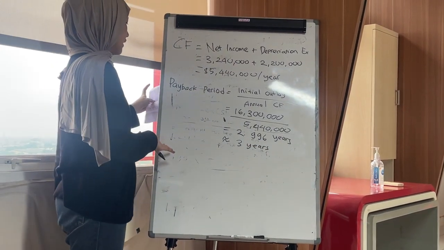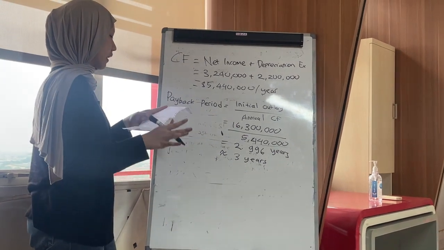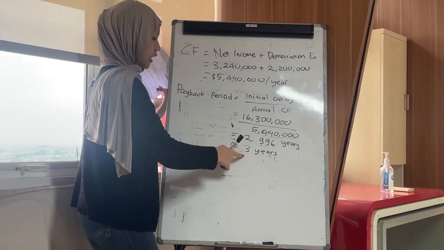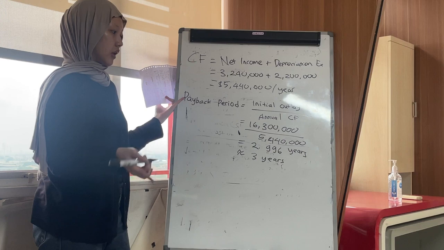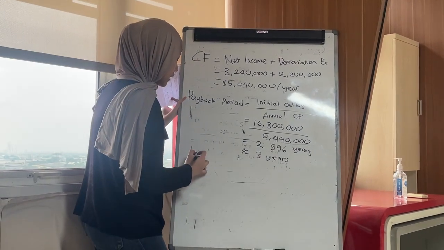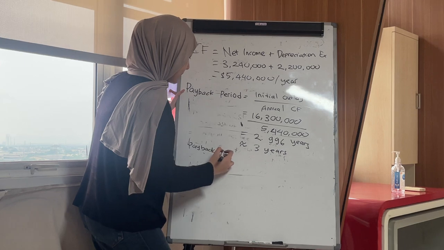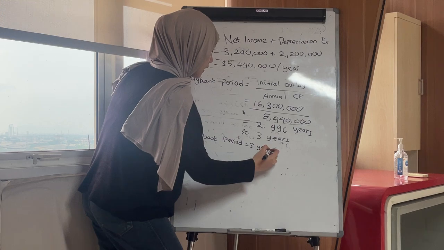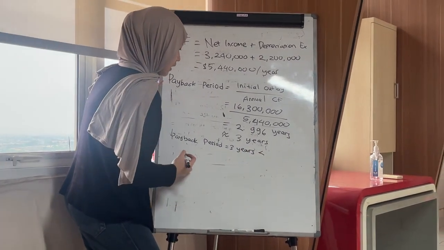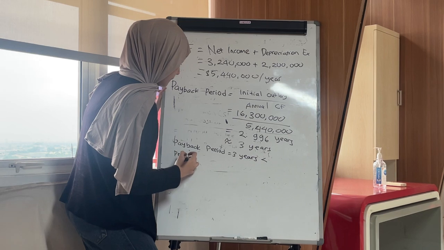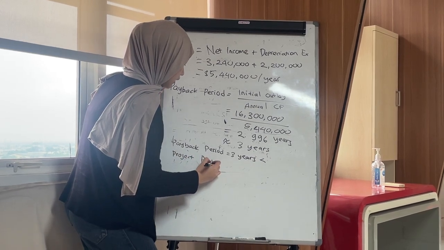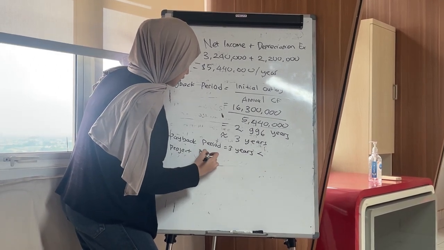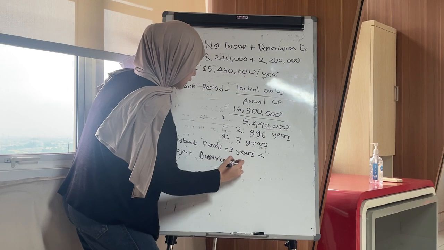So it means that the company's payback period is 3 years. Meanwhile, the project duration is 7 years. So the payback period of 3 years is less than the project duration, that is 7 years.